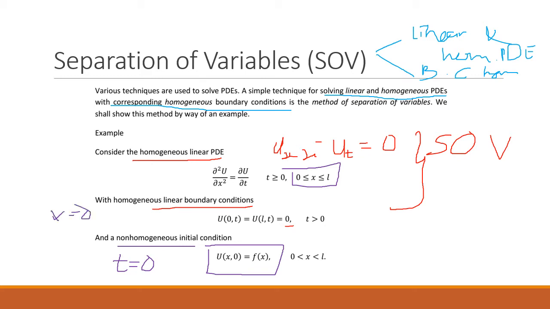So dekat sini when t equal to 0, you will have u(x,0) equal to f(x). So yang ini adalah non-homogeneous initial condition. Okay, tapi yang ni kita ada at x equal to 0, u(0,t) equal to 0.